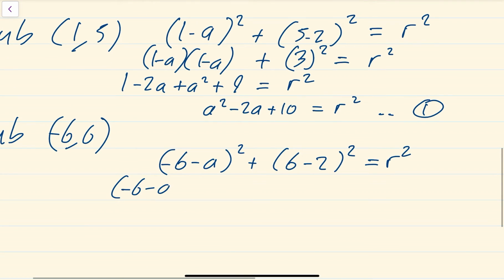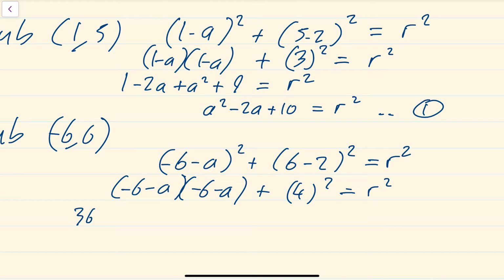That's going to be minus 6 minus a times minus 6 minus a plus 4 squared is equal to r squared. Minus 6 times minus 6 is 36. Minus 6 times minus a is plus 6a, and then minus a times minus 6 is another plus 6a, so that's going to be 12a, and then minus a times minus a is a squared, and then plus 16 equals r squared.